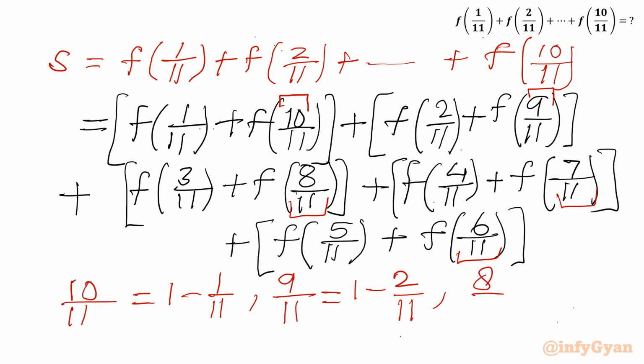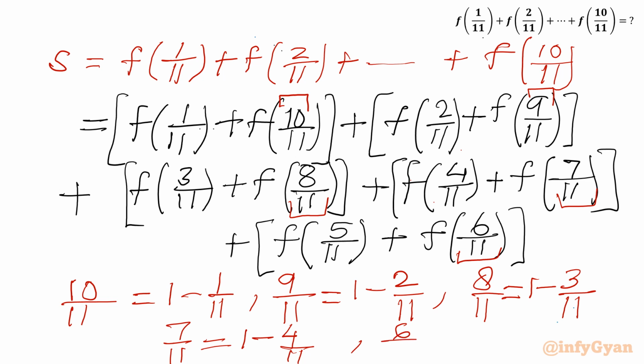Similarly, 8 over 11 is 1 minus 3 over 11. And 7 over 11 will be 1 minus 4 over 11. And 6 over 11 will be 1 minus 5 over 11. Let us write here.